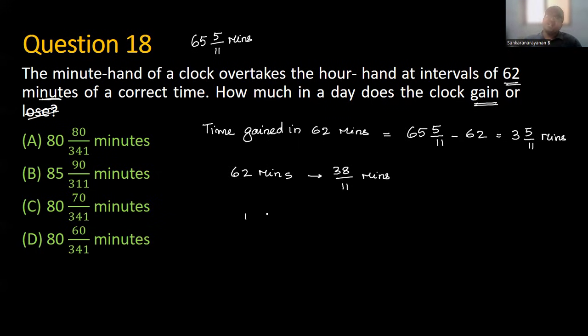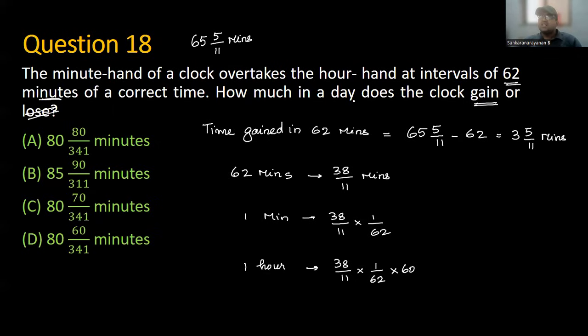So I can see that the time gained in 1 minute will be 38 by 11 into 1 by 62. So the time gained in 1 hour, when I consider, will be 38 by 11 into 1 by 62 into 60. This will be the time gained in 1 hour because 1 hour is 60 minutes.